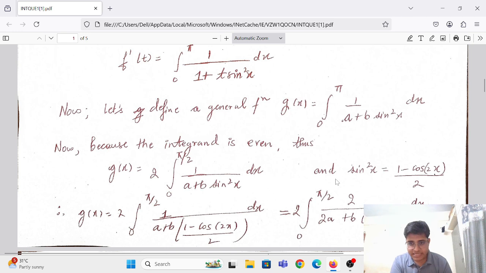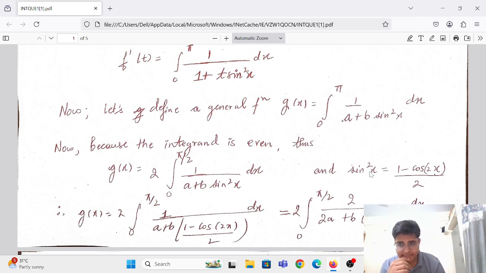Now we know that sin squared of x is (1 minus cos 2x) over 2, because cos 2x can be represented as 1 minus 2 sin squared of x. There's a standard identity of cos 2x. There are 3 standard identities of cos 2x: cos squared x minus sin squared x, 2 cos squared x minus 1, and 1 minus 2 sin squared of x.